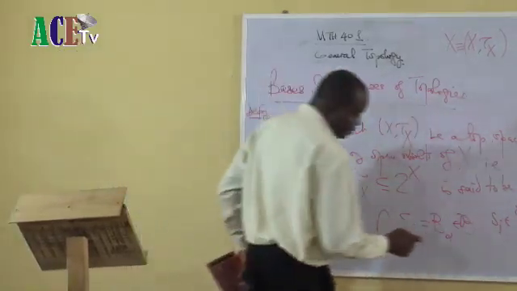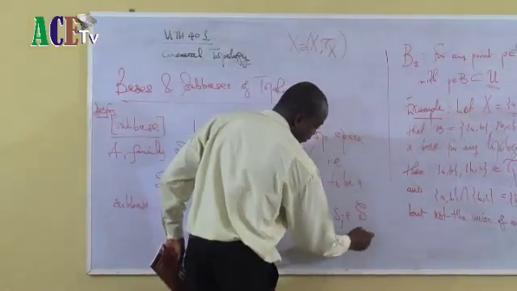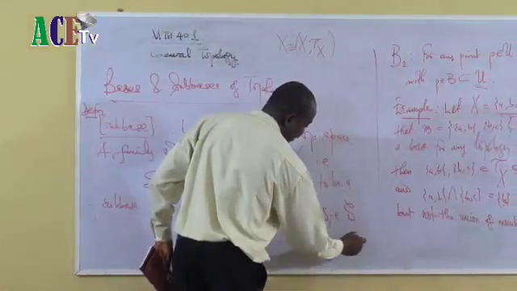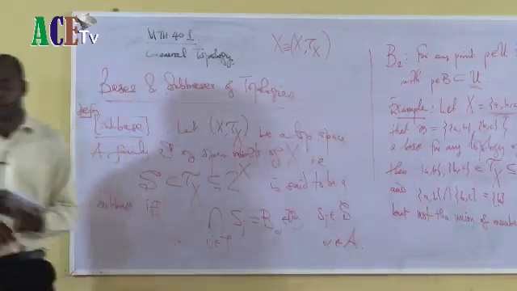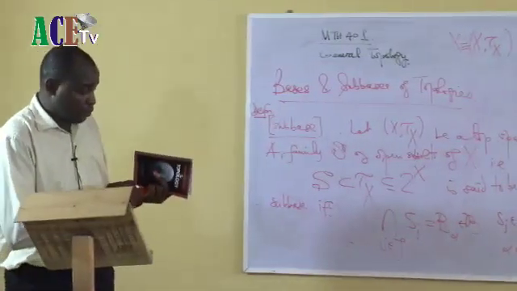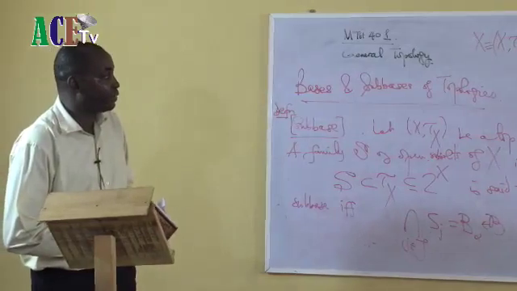This is where alpha here belongs to an indexing set A. So we are done with this aspect.